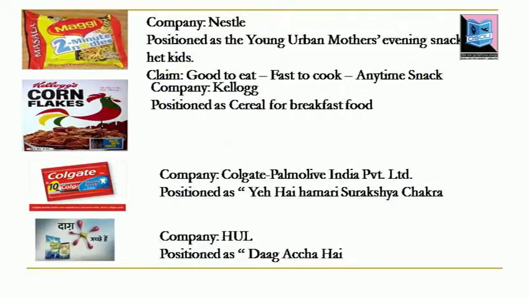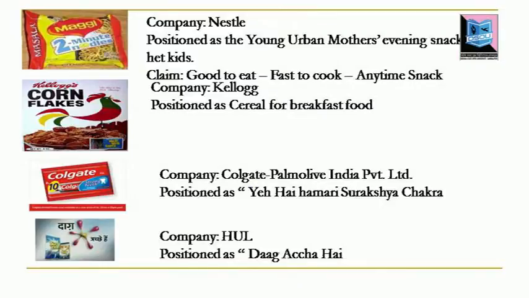For example, Nestle, while positioning Maggi, targets young urban mothers who are preparing snacks for their kids, and communicates the message: good to eat, fast to cook, anytime snacks. This is the punchline they communicate to the market to position the brand called Maggi.